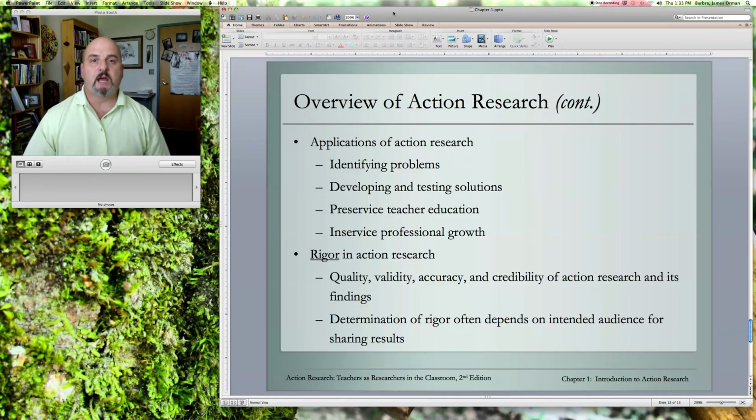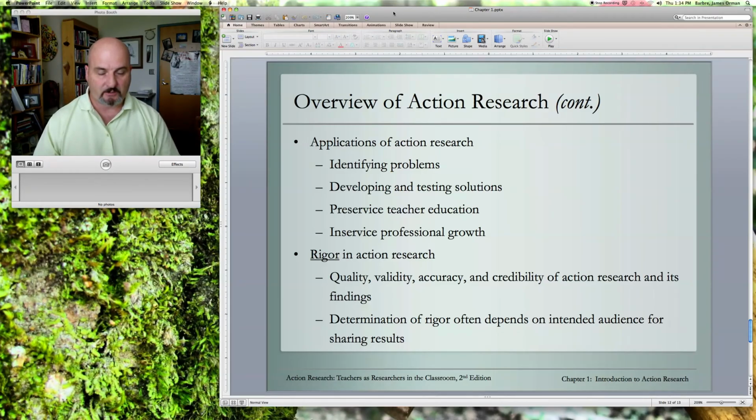There was a student I had a number of years ago that just wanted to improve transitions from one part of her class to another. Another student wanted to take a look at the most effective way to improve hall passing times from one class to another. And that may seem kind of silly, but no school operates the same way as another school. And so it represents something that is worth looking at.